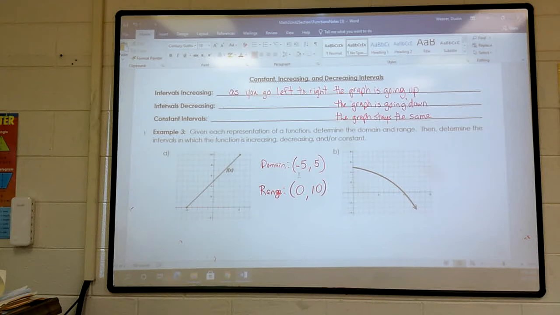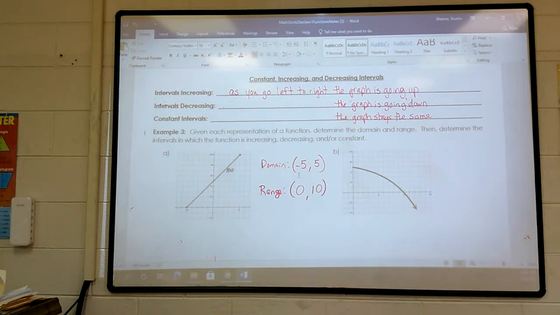Then it says determine the intervals in which the function is increasing, decreasing, and/or constant. So we're looking left to right. If you're looking at it from left to right, is it ever going down? No. If you look at it from left to right, it's never staying the same. It's always going up.